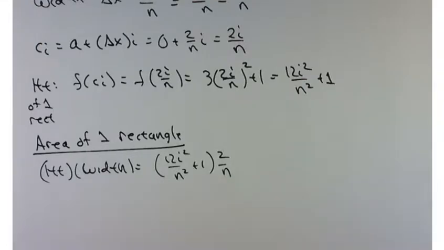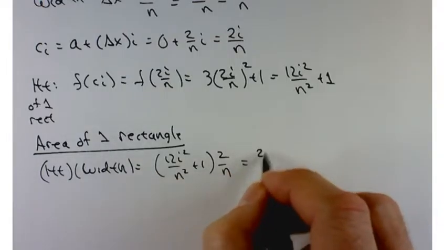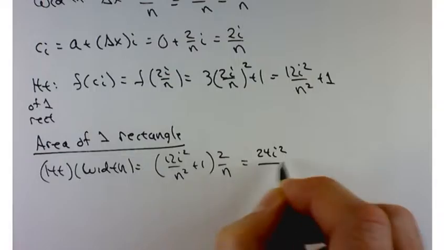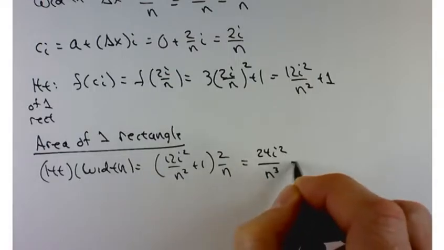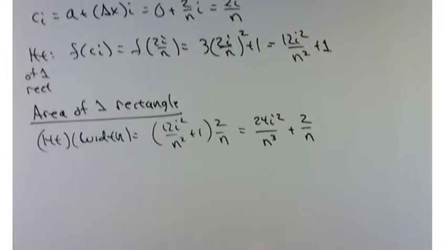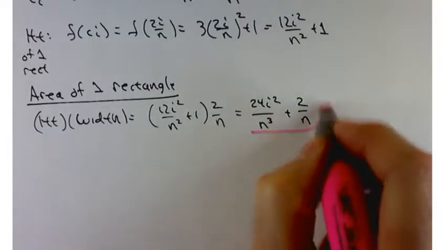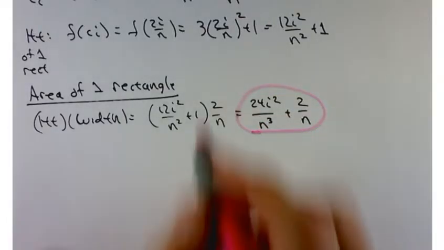But I don't want the area of just one of those rectangles. I want the area of all those rectangles. Let me distribute this. That's going to be 24i squared over n cubed plus 2 over n. So that's the expression that I wanted. Area of one rectangle.